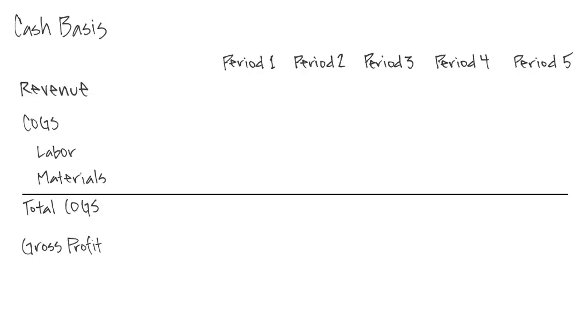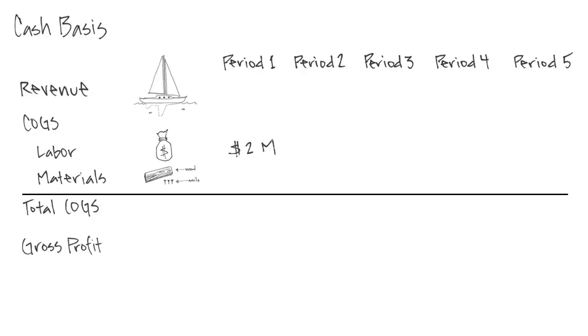To make this point a little clearer, let's look at an income statement on a cash basis, which is to say that revenue and expenses are recorded when cash is received or paid out. We're going to stick with the boat company example from the previous video and say that revenue is earned by selling boats, and that your expenses, or cost of goods sold, are labor or raw materials.